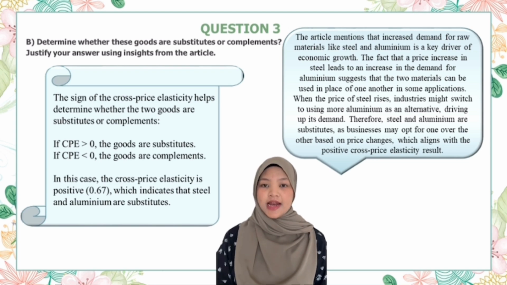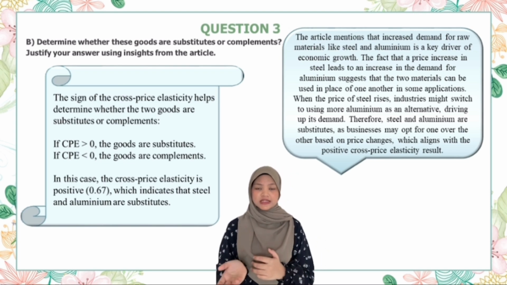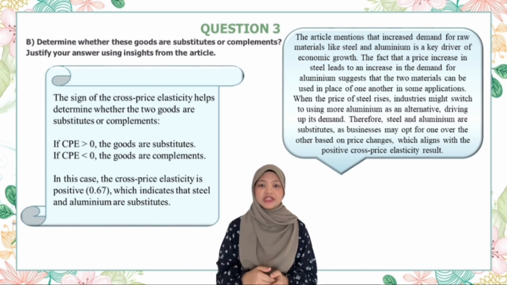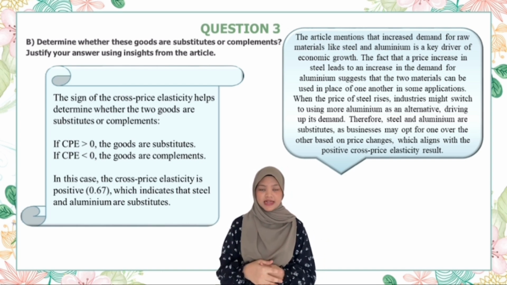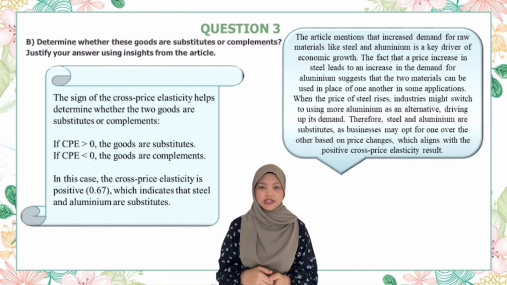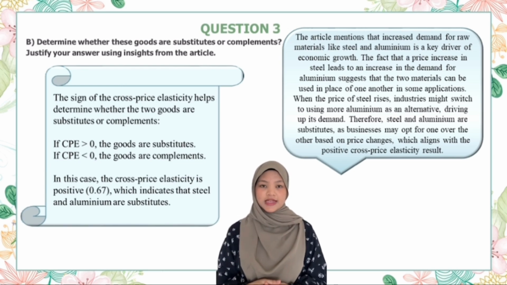Therefore, steel and aluminium are substitutes, as businesses may opt for one over the other based on price changes, which aligns with the positive cross price elasticity result. So that's all from me.